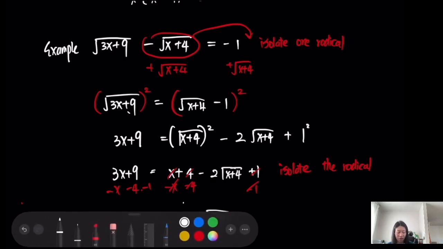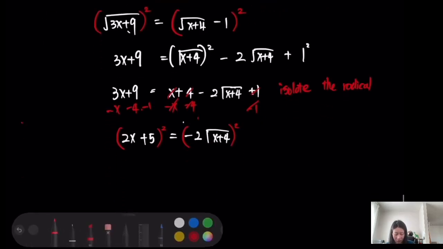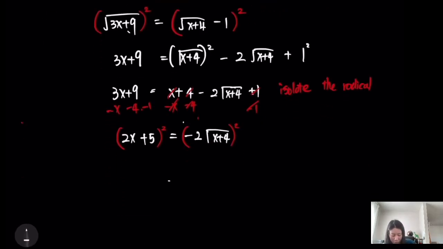Now we can raise it to the second power by squaring both sides. In that case, using the perfect square, I got 4x squared plus 20x plus 25 equals 4 times x plus 4. We have to be very careful when we're doing the calculation, because in here you square both terms.